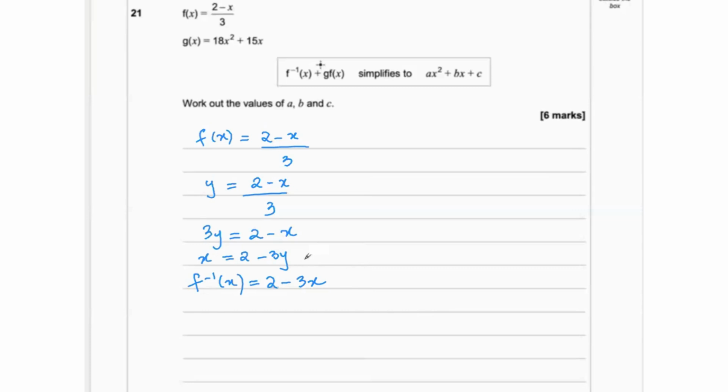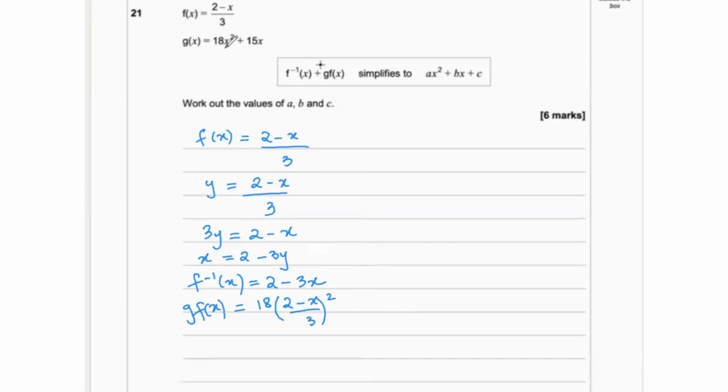Now for g(f(x)), we're going to substitute the function f(x) in g(x). So wherever there is x in g(x), you will write the f(x) function over there. That's going to look like 18 times ((2 − x) over 3) squared.